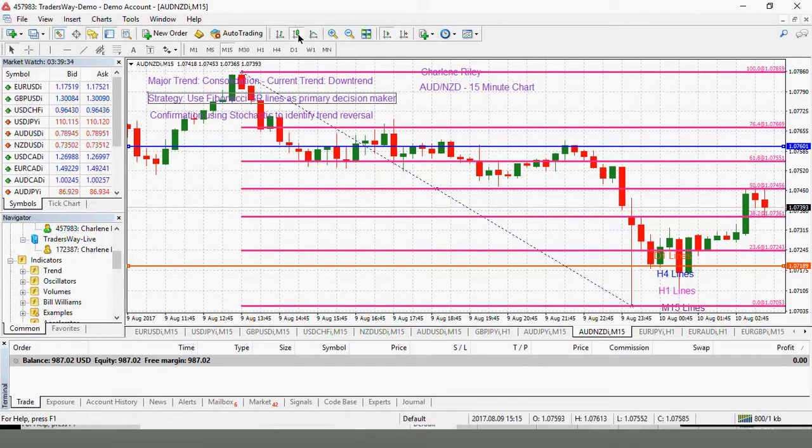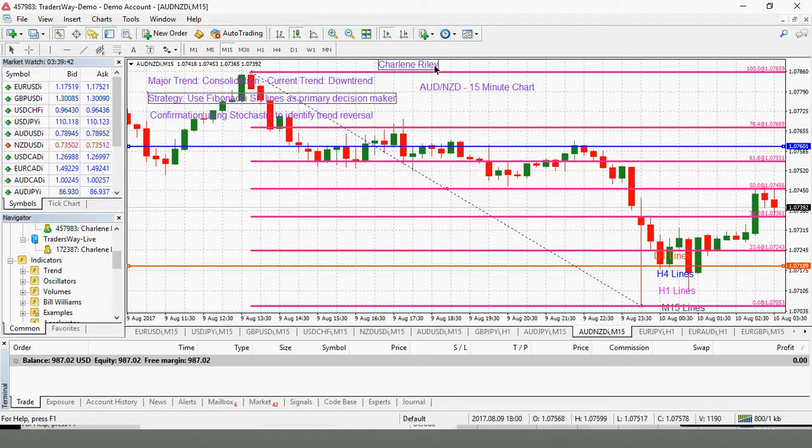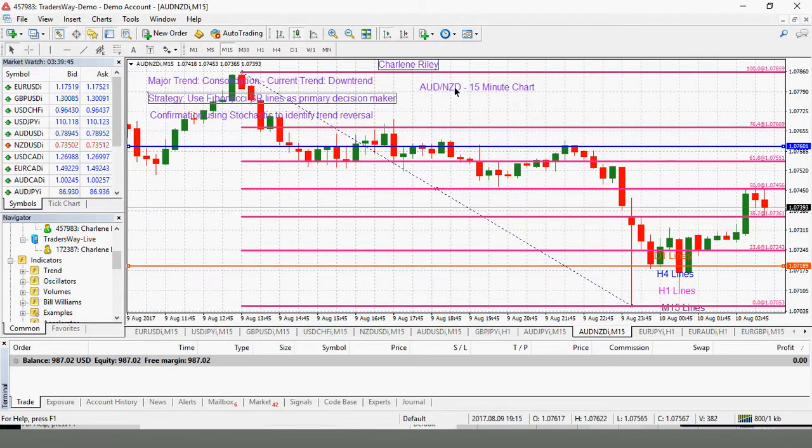And now we're going to look at some trading setups. Like I said, this is the Australian New Zealand 15-minute chart. I have my GGFX demo template set up to include my primary strategies and confirmations already there, so that saves me some time on labeling.